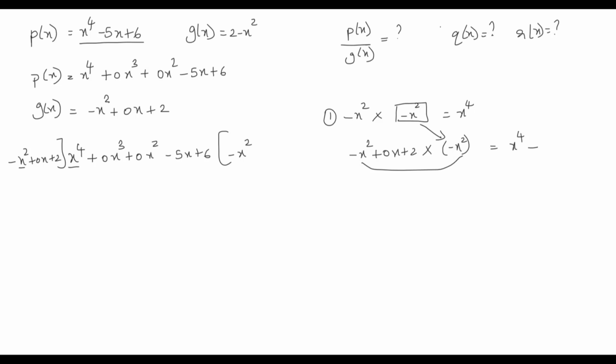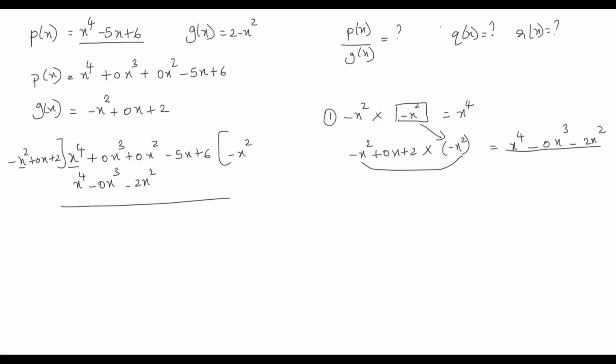0 into something is 0x cube, you can write 0x cube. Plus into minus is again minus. So you will get minus 2x square. Now this whole term should be placed underneath this P of x. Underneath x power 4, I will put x power 4 and my plus 0x cube, minus 0x cube, minus 2x square.